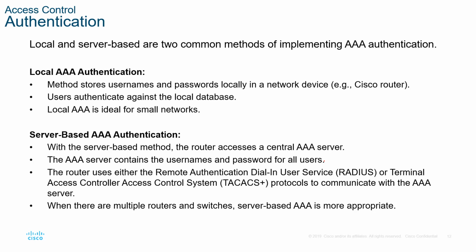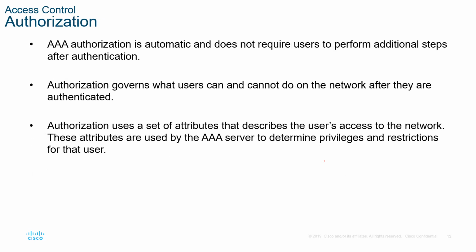Almost all current Cisco routers and switches do provide some form of server-based AAA, and that functionality is just there. All of them do support local AAA, so it kind of just depends on what you're trying to accomplish. However, realistically, server-based is going to be the optimal, with local being a fallback just in case.